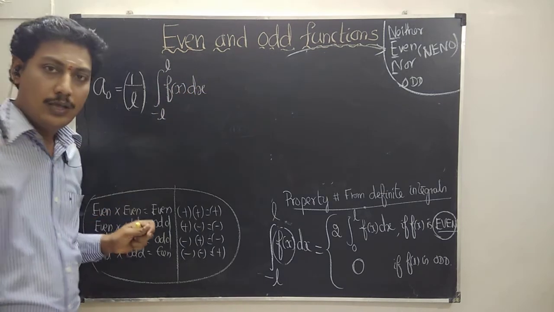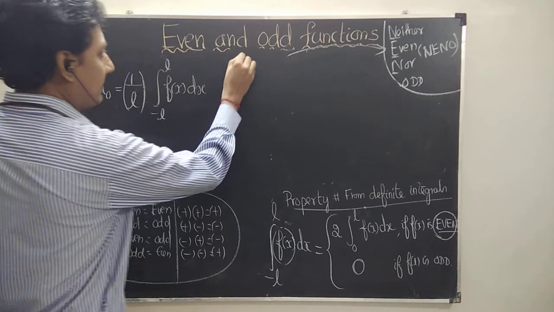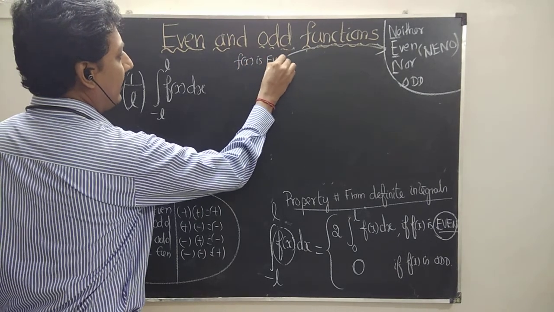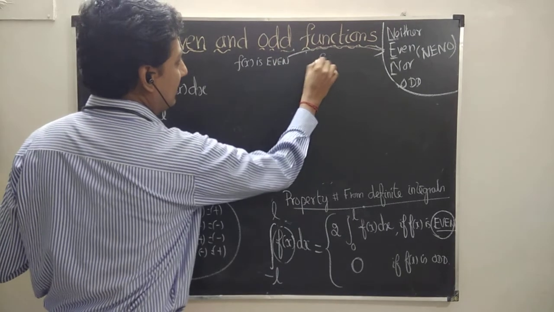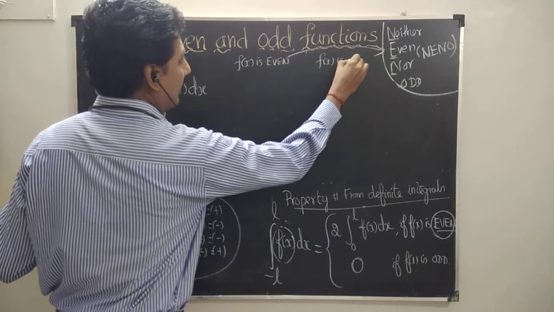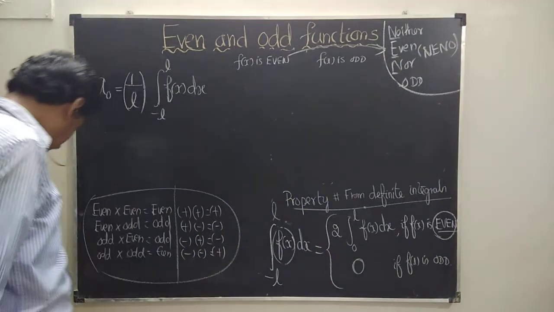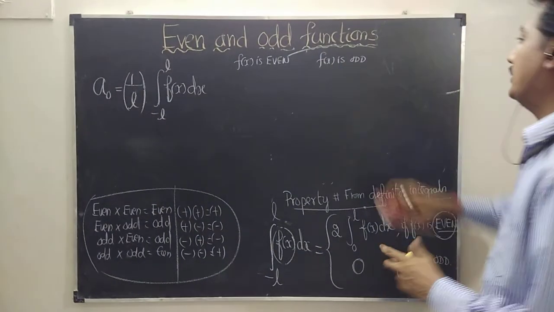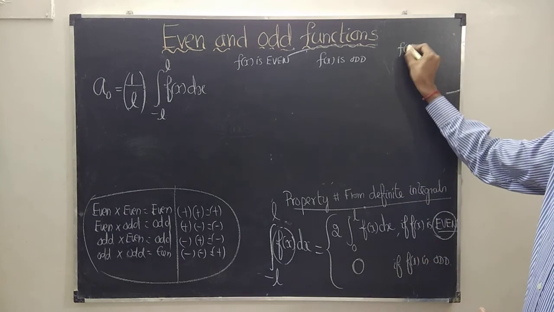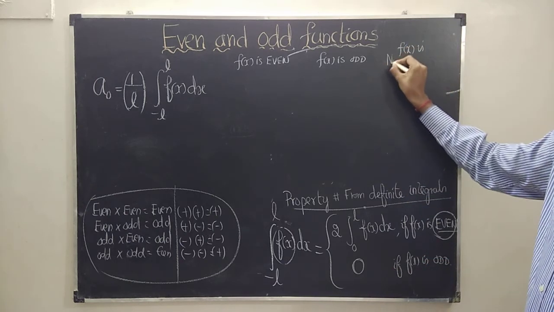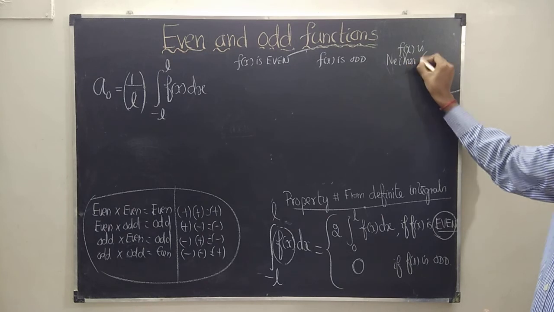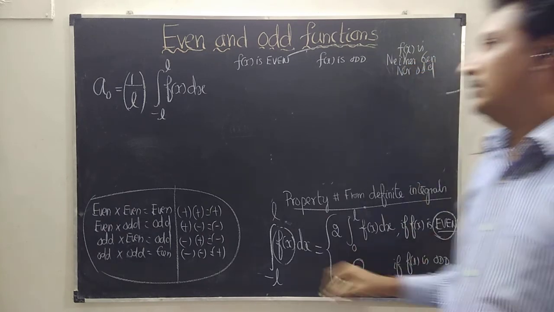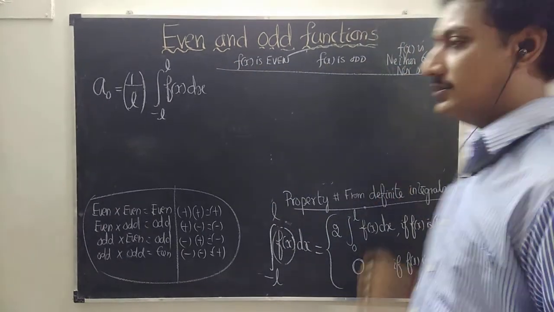Suppose the function is even, what happens? Suppose the function is odd, what happens? Suppose the function f of x is neither even nor odd, what will happen? These are three different cases.